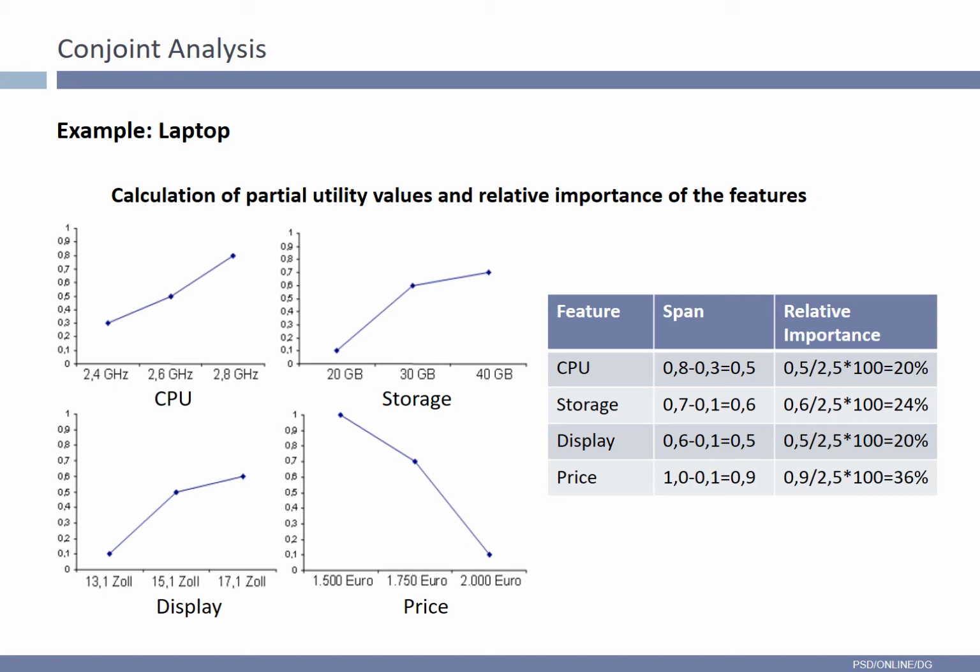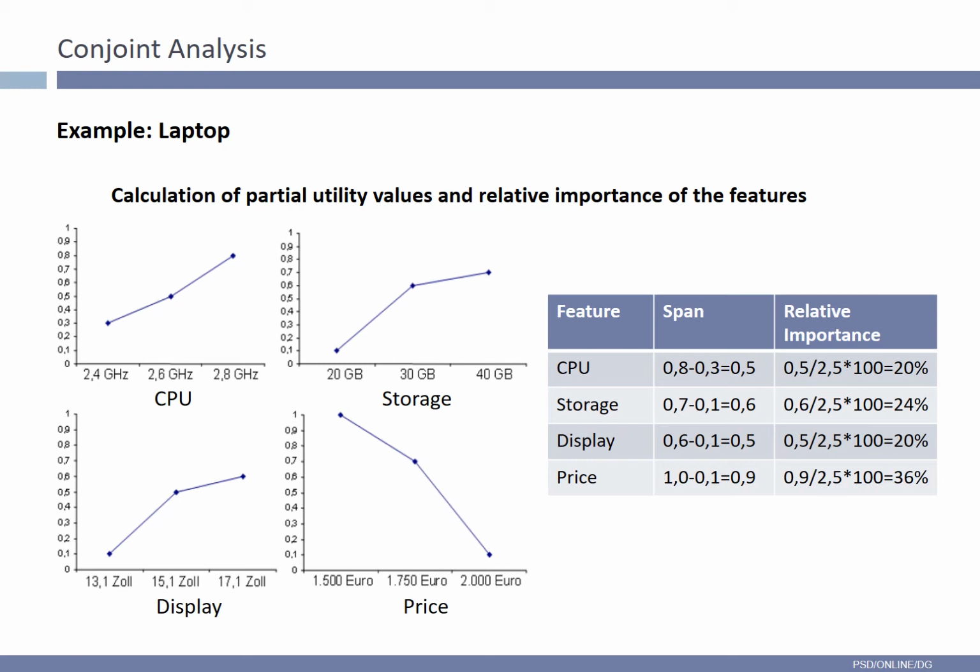So the CPU feature, for instance, you can see that the 2.4 gigahertz attribute creates a utility of 0.3, which increases by 2.2 points in utility when moving from 2.4 gigahertz to 2.6 gigahertz. So there's an additional utility the customer has that is quite substantial when moving up the ladder in terms of the gigahertz.